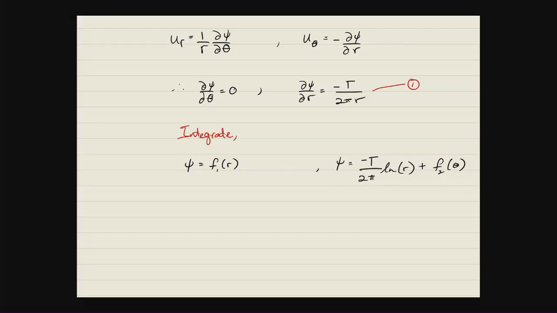Okay, and we know that for the equations to be compatible, we therefore know that f1 of r is going to be negative gamma over 2 pi ln r, okay, and f2 of theta is just equal to 0, okay, and the constant that we have is just 0.